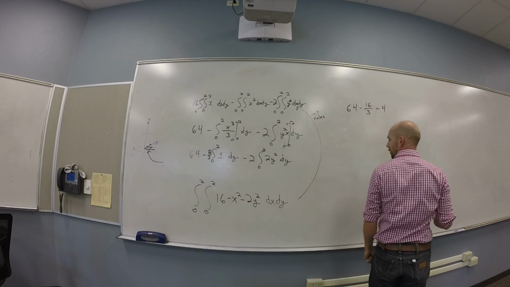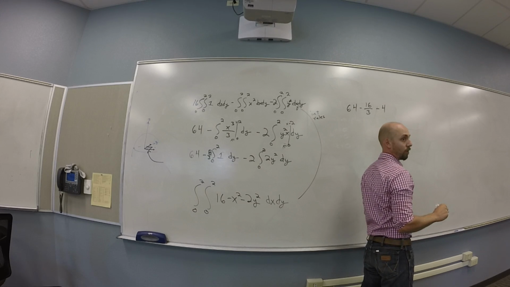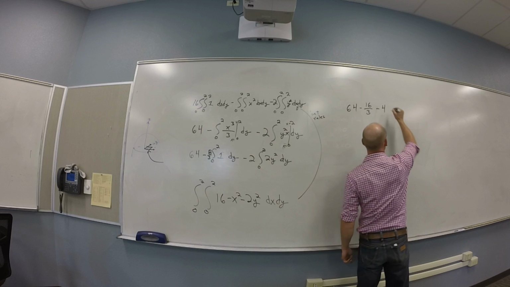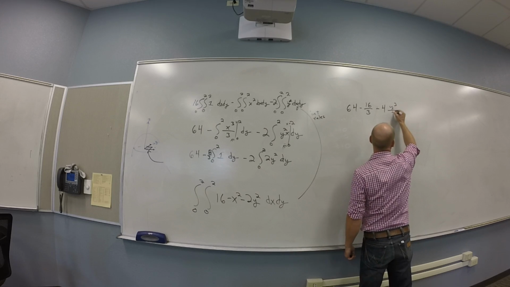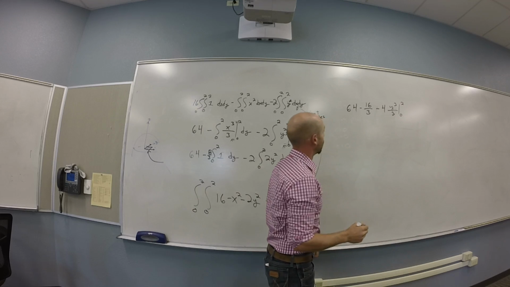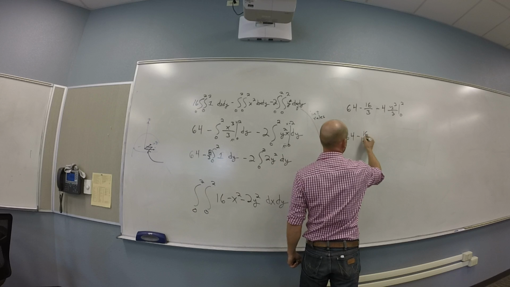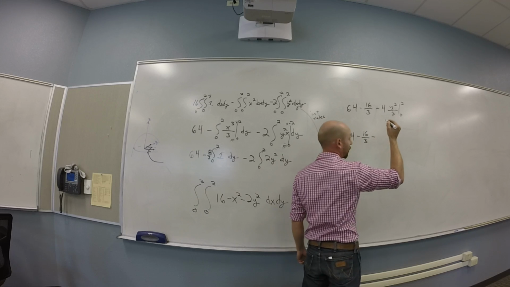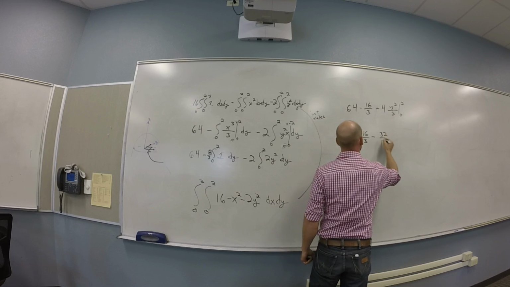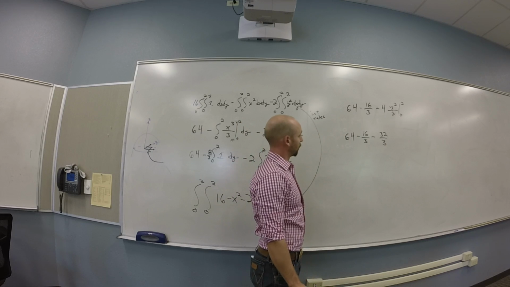And then what do you get when you integrate y squared? Cubed over 3, evaluated from 0 to 2, which is another 8/3. So I got 64 minus 16 thirds minus 32 thirds altogether. And when that pulls out, it equals 48.